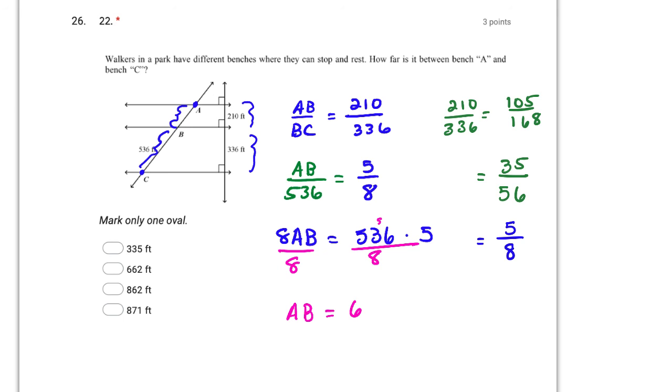And 8 goes into 56 7 times. So I think it's 67 times 5. 5 carry 3, I think it's 335, right there. Now they want the distance from A to C, so you've got to do 536 plus 335, and I'm getting 871 for that total distance between park bench A and park bench C.